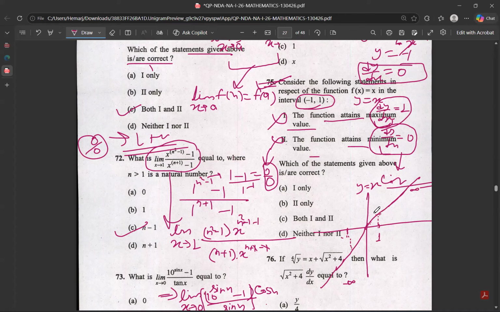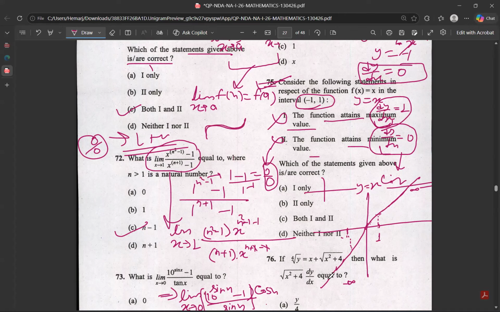When you start to study maxima and minima, you have studied that a function attains its maximum value either at the turns, when the graph gets turned, or at the ends. But in y equal to x, there is no turn.